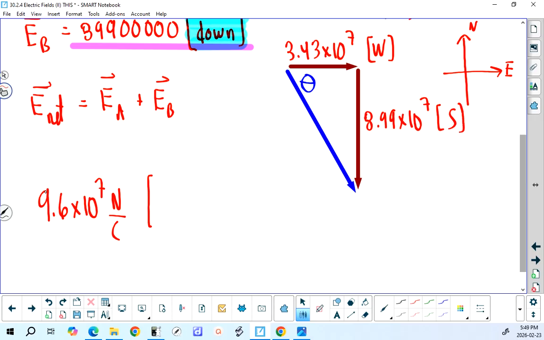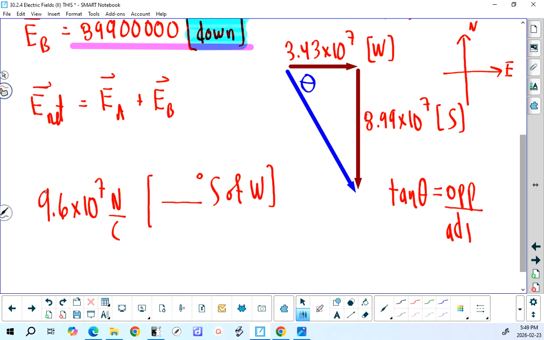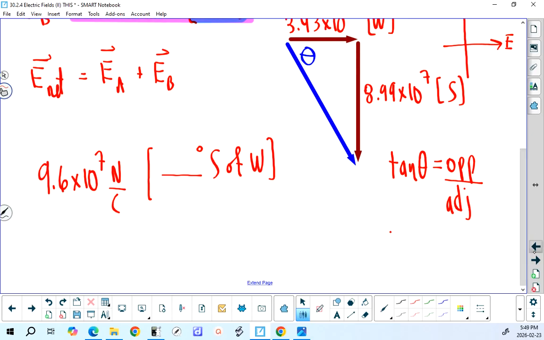And that means that we're going to get an angle of so many degrees south of west. Don't forget, tangent of an angle in a right triangle is opposite over adjacent, which means theta will be the inverse tan of opposite over adjacent.